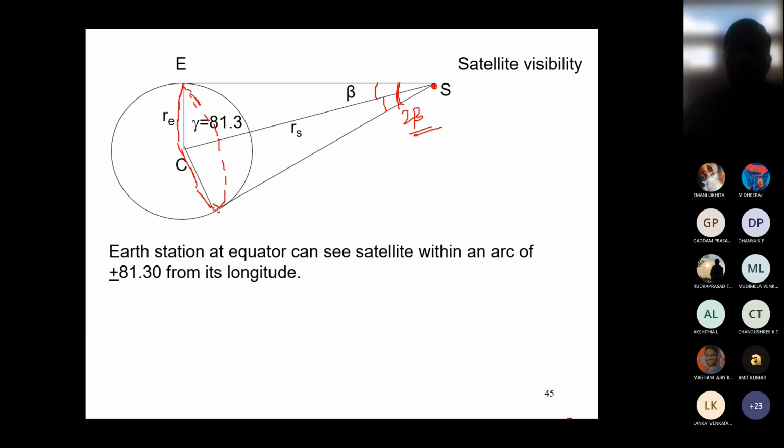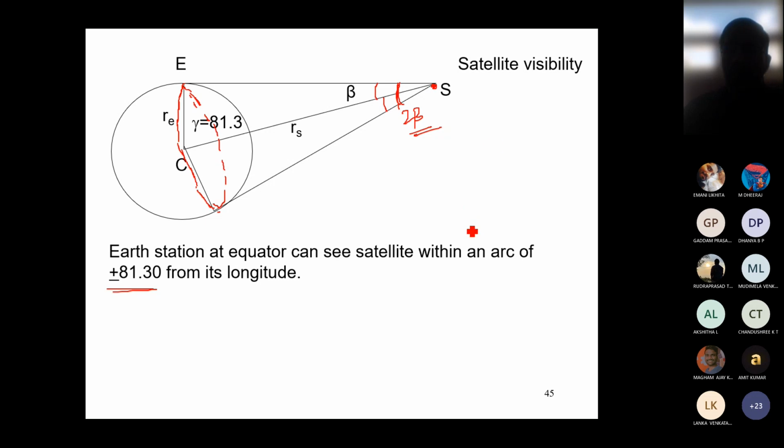Getting the point? What is the meaning of plus or minus 81.3 degree? The Earth station at equator can see satellites within an arc of plus or minus 81.3 degree.